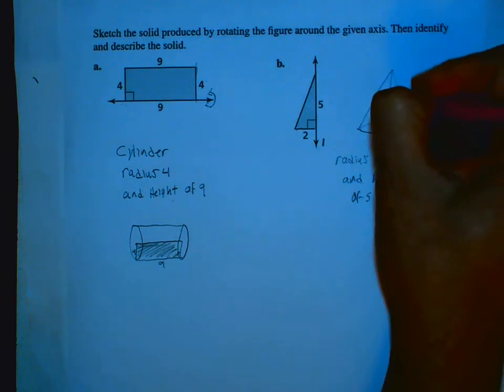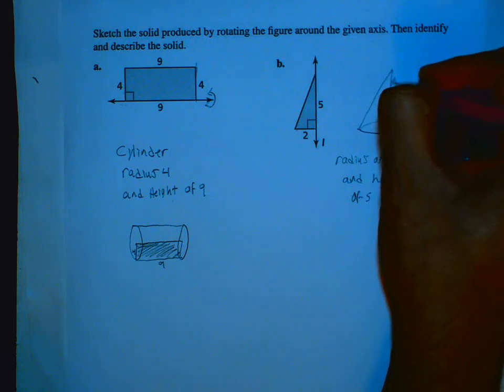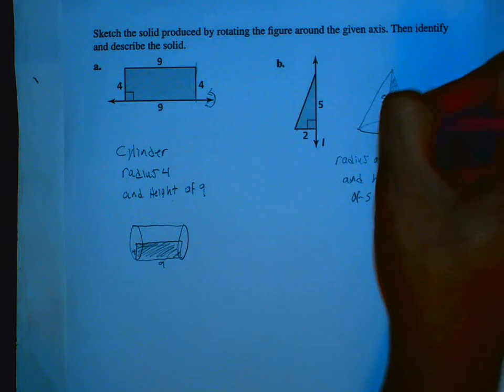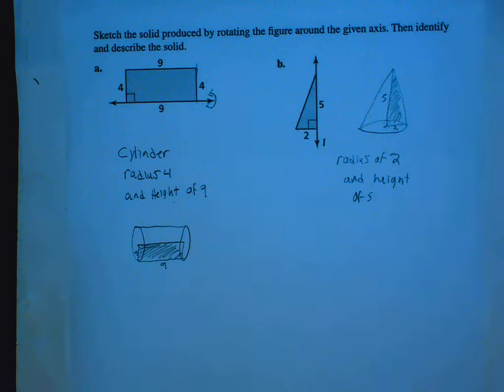So this right here is going to be 5. So 2 and 5. So this two-dimensional figure rotated about this line right there will create a three-dimensional solid. Very important concept for calculus.